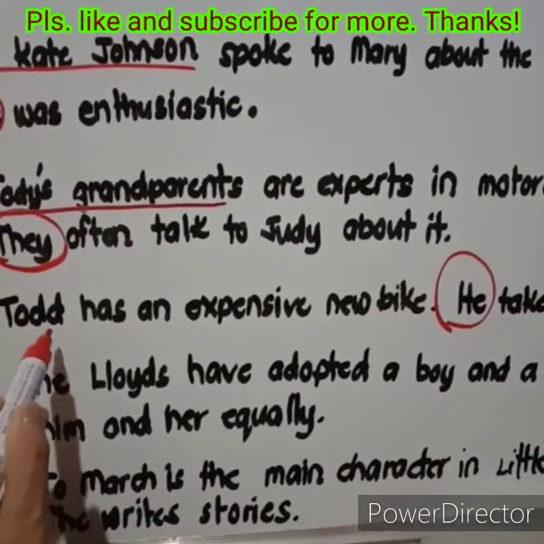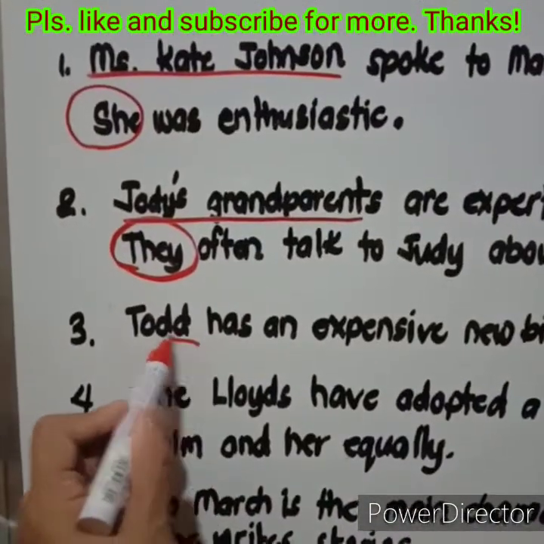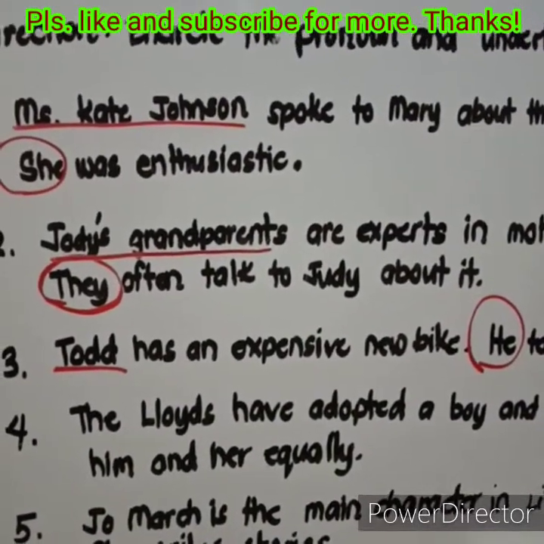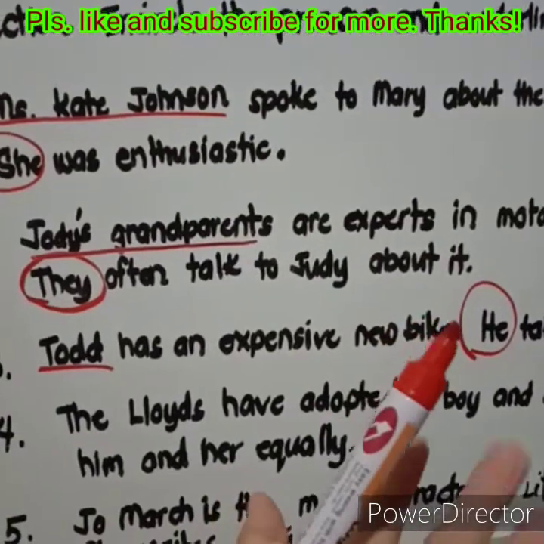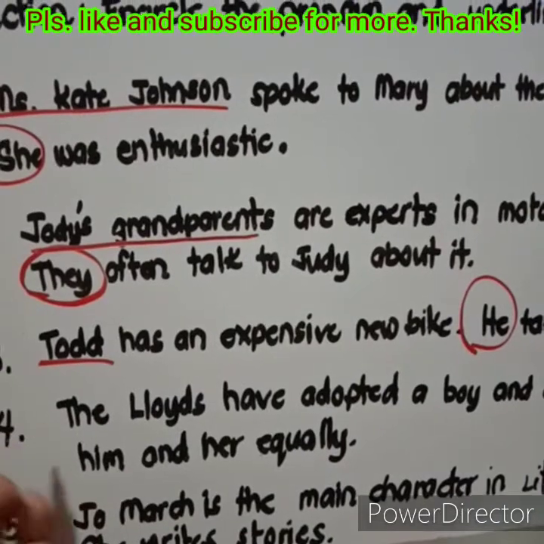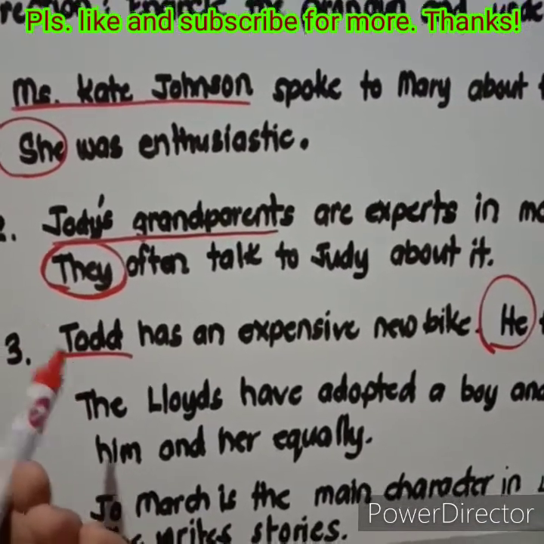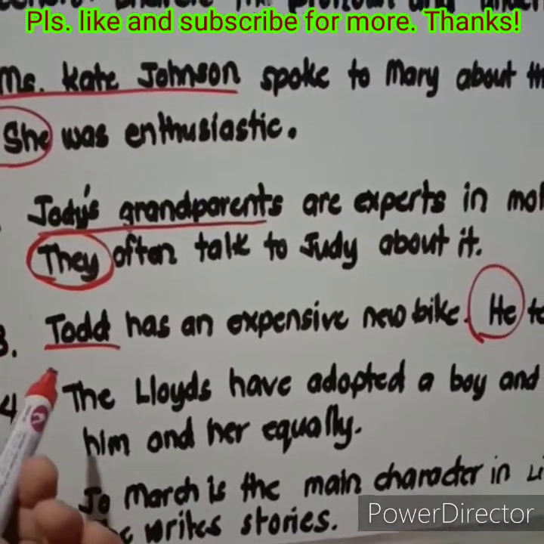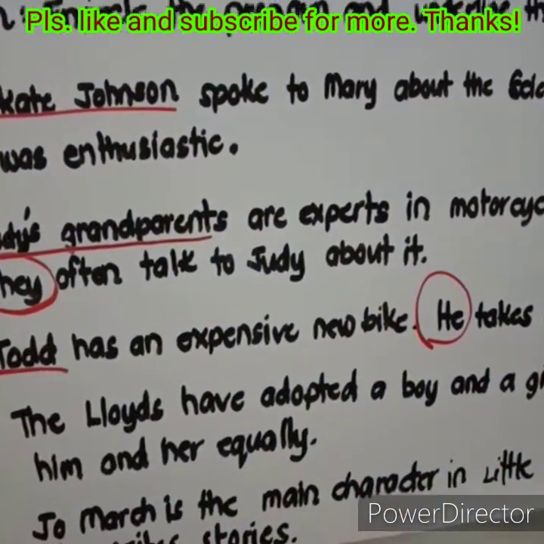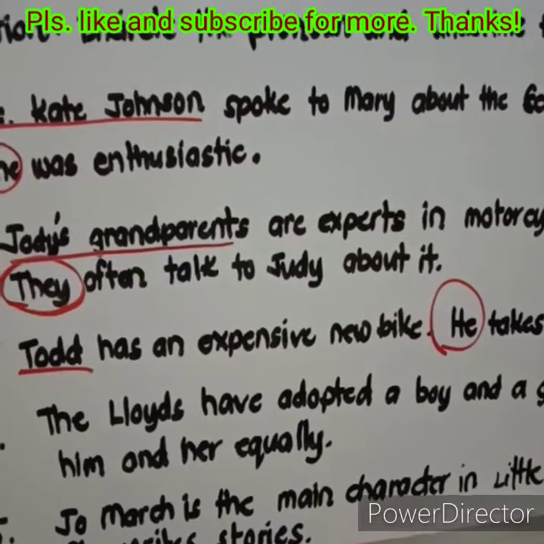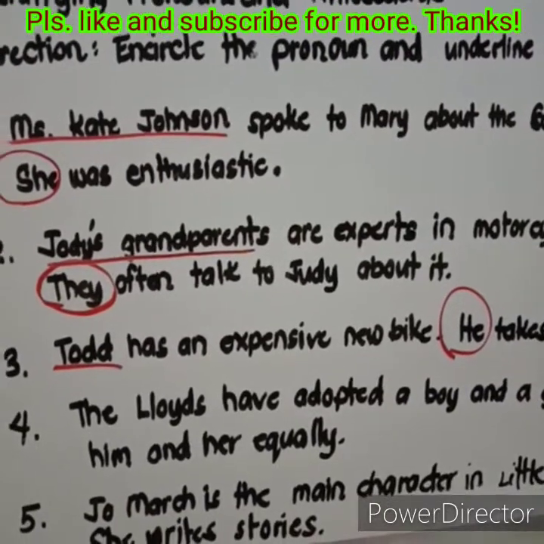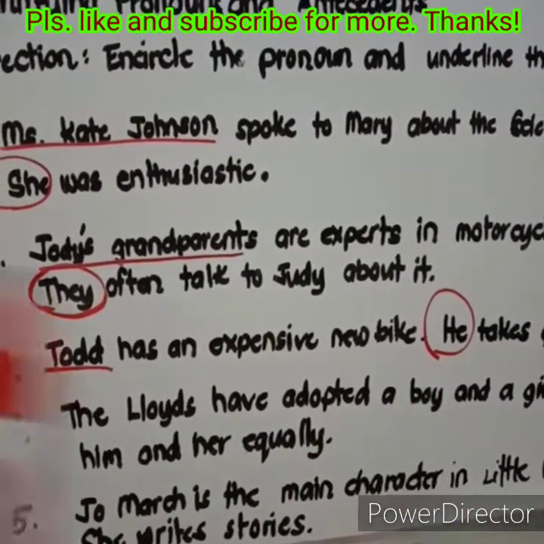So we underline our antecedent, of course. Our pronoun there is he because that refers to Todd, and since Todd is masculine in gender, you have to use he. In terms of number, it's singular, right? So that's it. If you are going to say antecedent, that's the word that your pronoun is referring to.